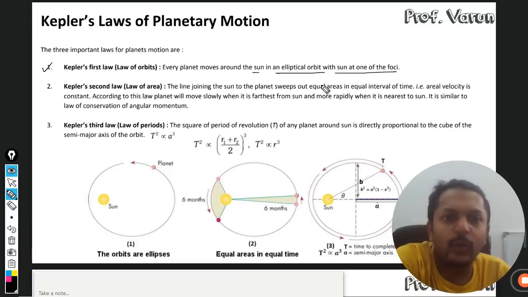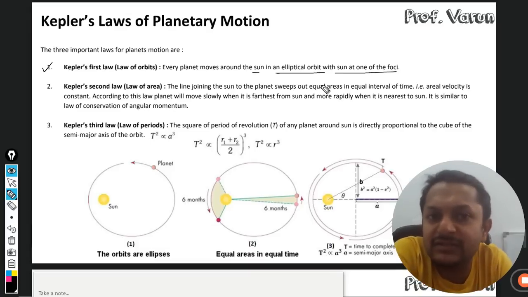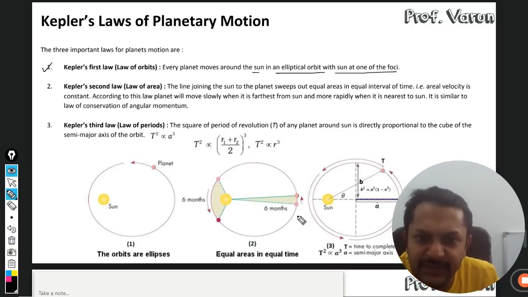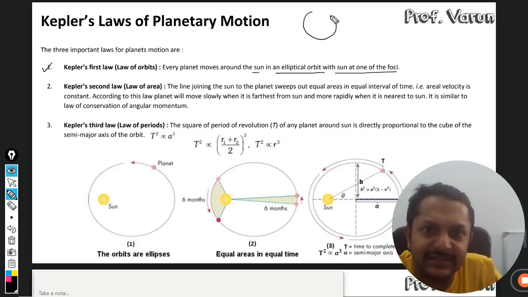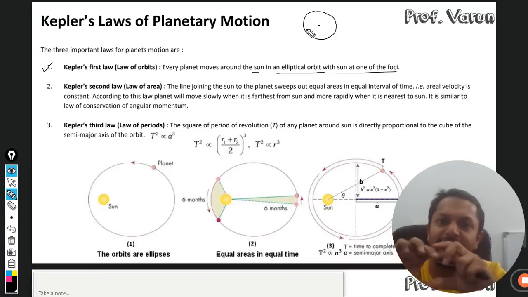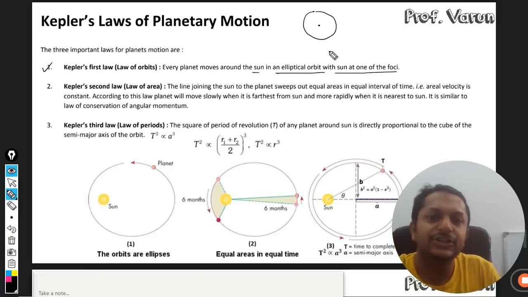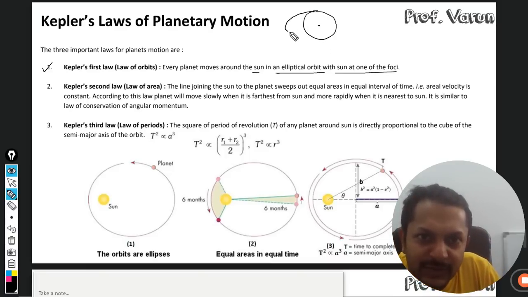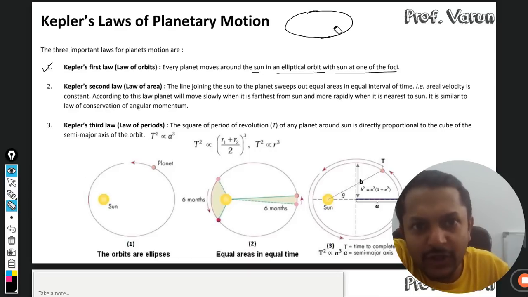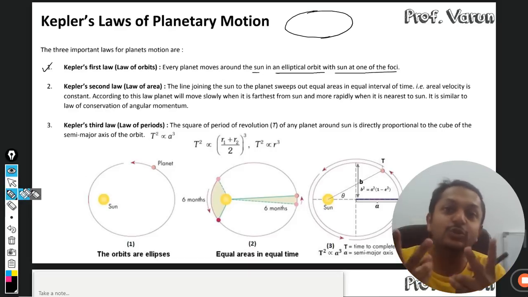To understand what is written here, we must know what an ellipse is. A circle has only one center. When it starts having a little bulge at the central part, it starts becoming like this, and at that time we call it an ellipse. An ellipse does not have one center, it has two.